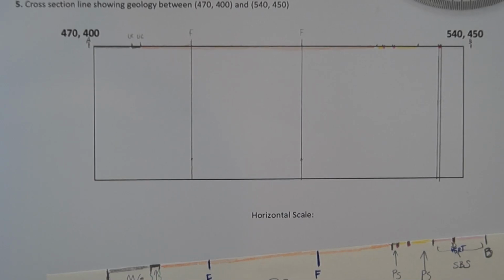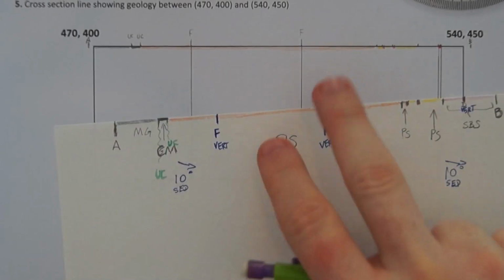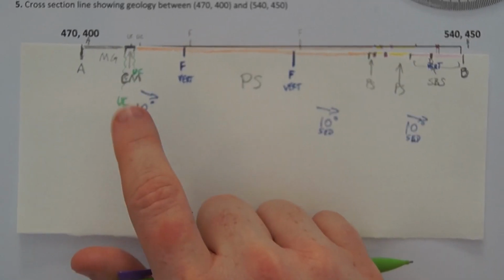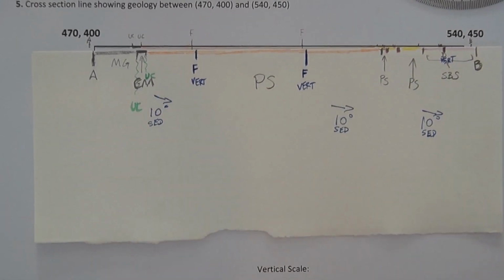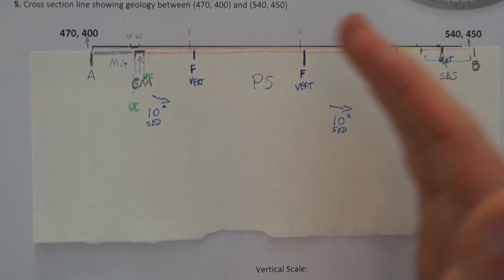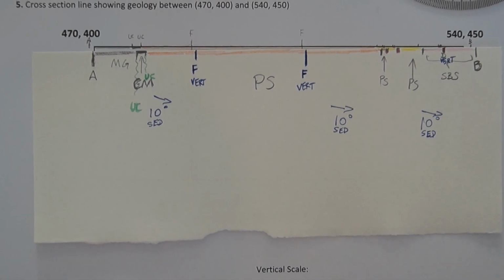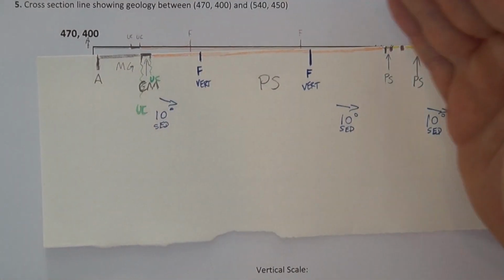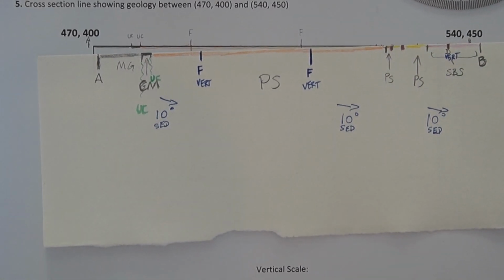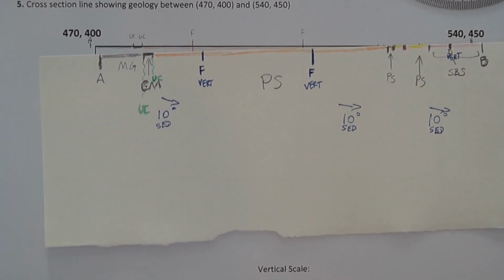Okay, then what I can start doing is drawing in our stratigraphic contacts. Now I've interpreted from the relatively consistent dips across the area that all of this package of sedimentary rocks are dipping at about 10 degrees towards the east.